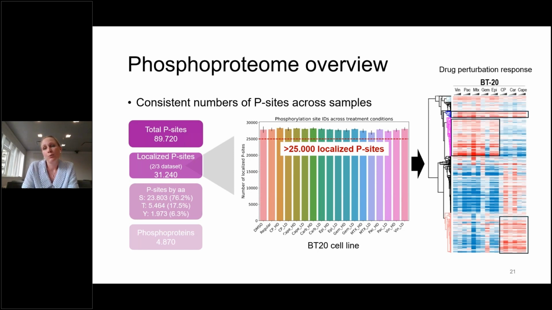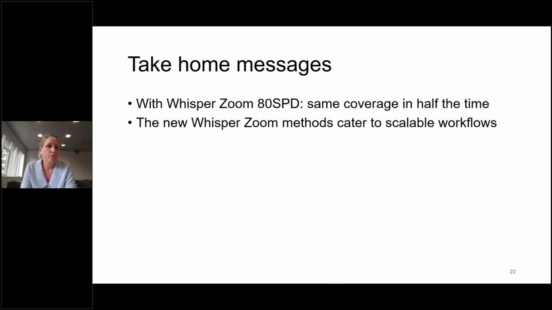And here our aim is really to dive into the shared responses and the unique responses among different chemotherapeutic agents. And our ultimate aim is really to identify targets for combination therapy. So here I really see the application of the 80 SPD Whisper Zoom method as a great method to accommodate these high throughput studies that we have going in terms of drug perturbations.